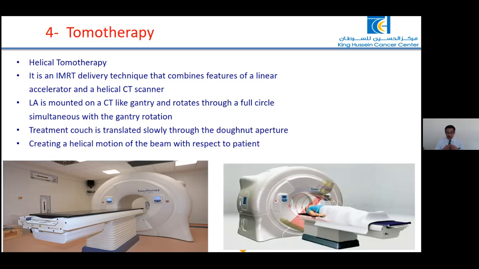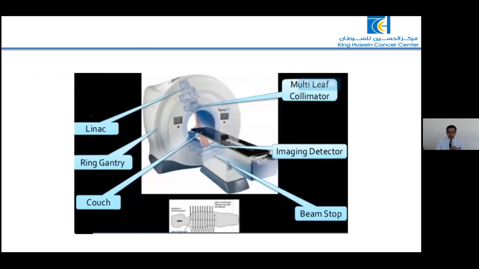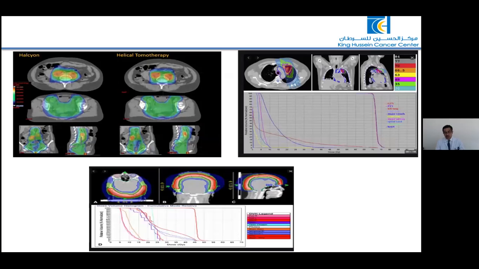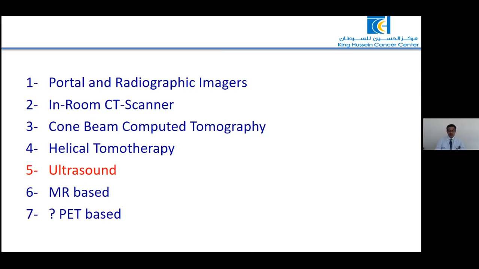Simultaneous with the gantry rotation, the treatment couch is translated slowly through the donut aperture, creating a helical motion of the beam with respect to the patient. That's why it's called helical tomotherapy. And this is the construction, you can see the components of the tomotherapy machine and some of the plans used by the tomotherapy with a good dose distribution and less dose to the organs at risk around.